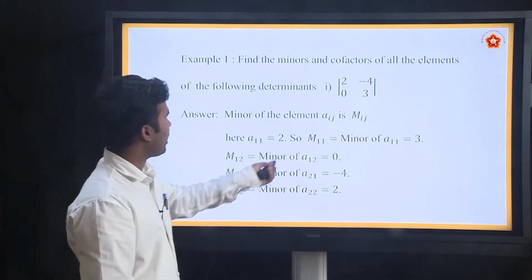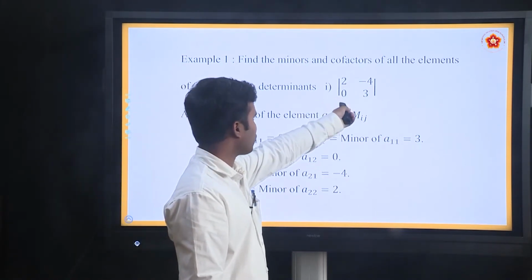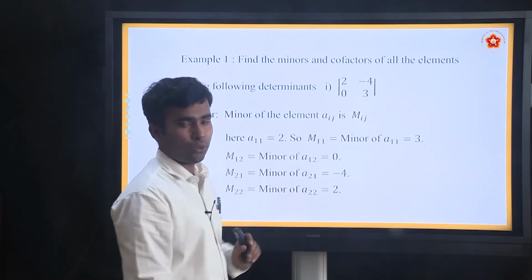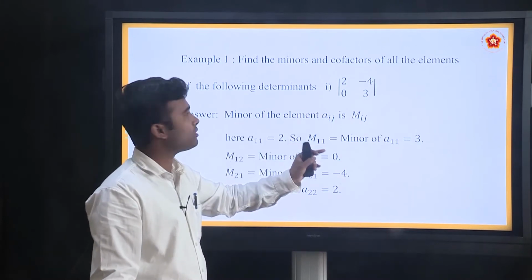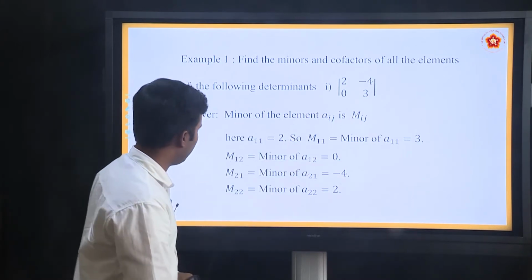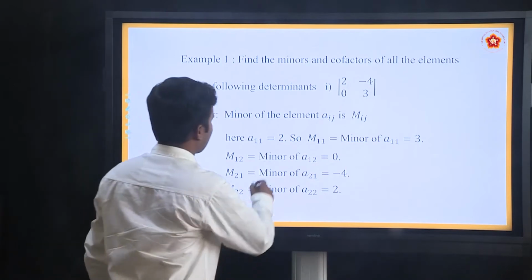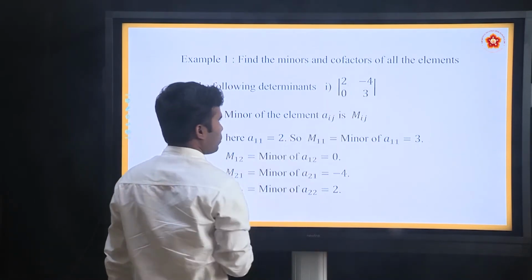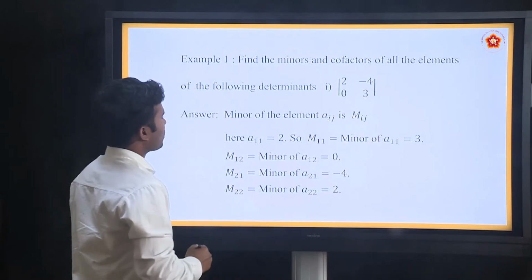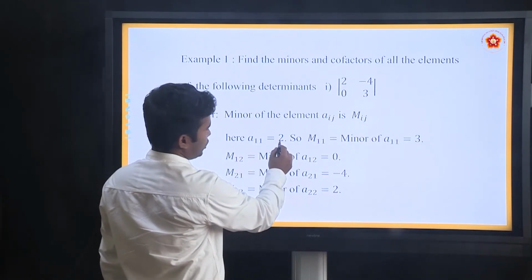Okay. Here we have a determinant with rows 2, minus 4 and 0, 3, which is of order 2, and we can find minors as well as cofactors of each element in this determinant. See, as you know, a11, a12, a21 and a22. So, now what is a11 here? That is 2.